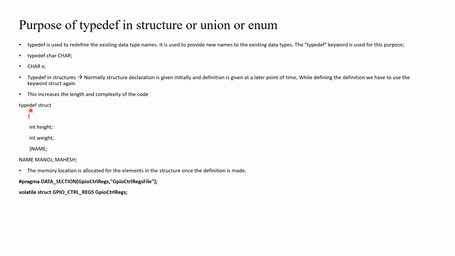You are saying, okay, I'm redefining my existing data type. I'm creating my own user-defined data type called name, which consists of two different elements, height and weight, right? The memory allocation, which we discussed, is allocated only when the definition is made. We will also talk about the hash pragma section, like GPIO control register, where we assign a structure to one particular memory location. And this volatile struct we'll also discuss in the coming lectures.